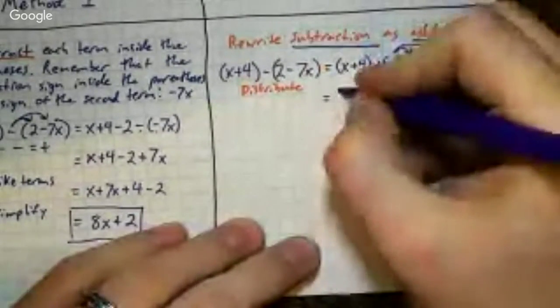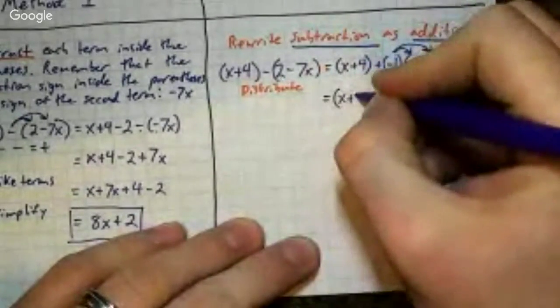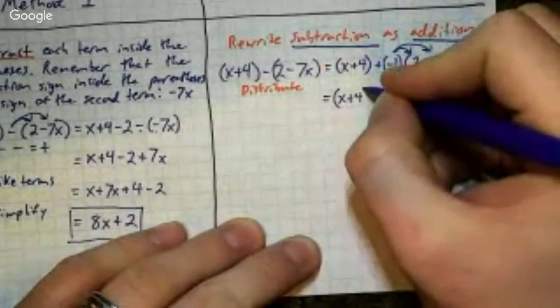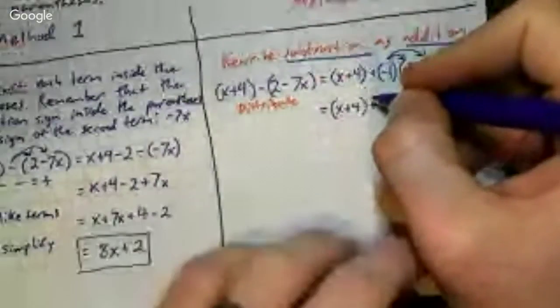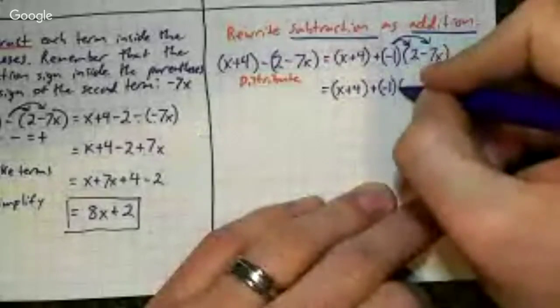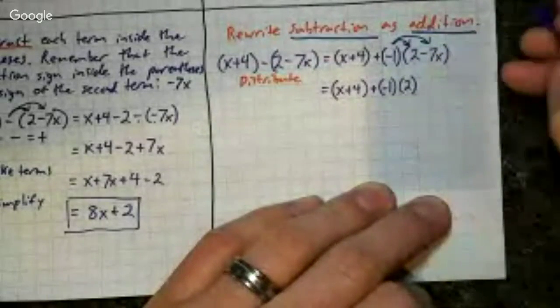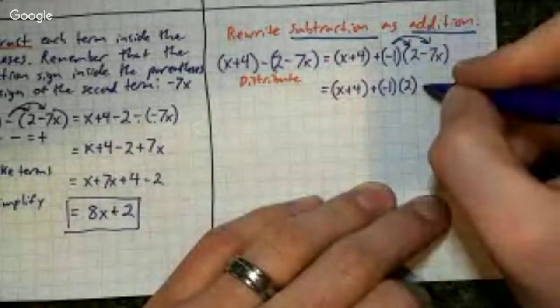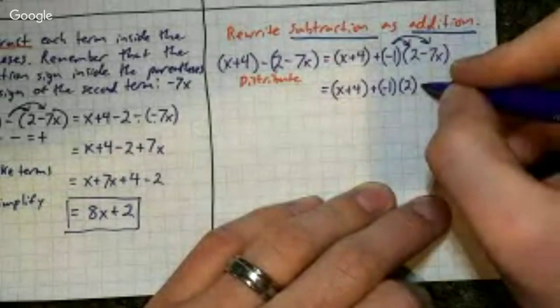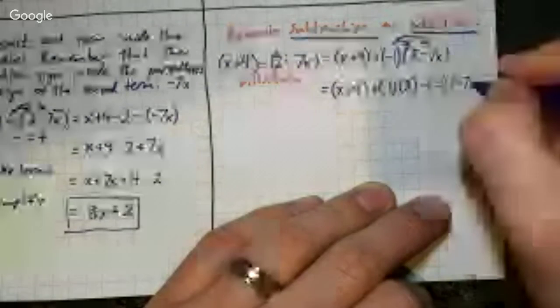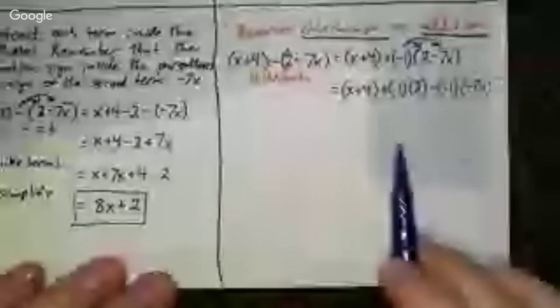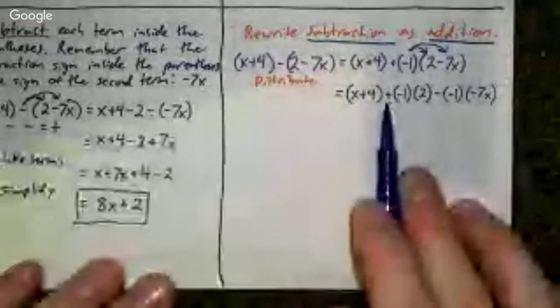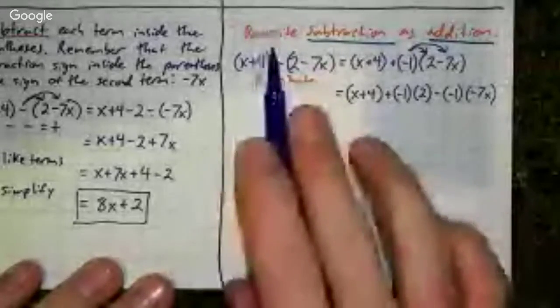Which now means this equals x plus 4 plus -1 times 2 minus 7x. Okay, so now you can see in between our two expressions we have that addition sign, which is what method 2 does.